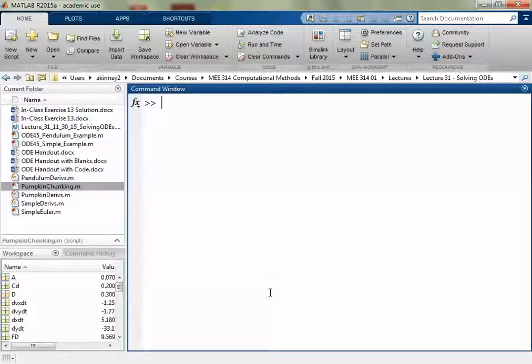This is my equation number 2 on my handout there. So we have an equation for the angular acceleration. If I want to get the angular position and the angular velocity, what do I have to do to this equation?